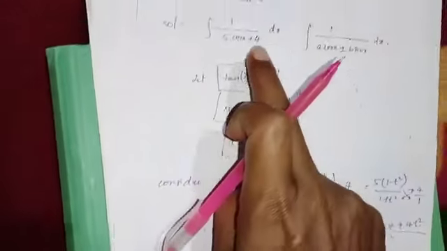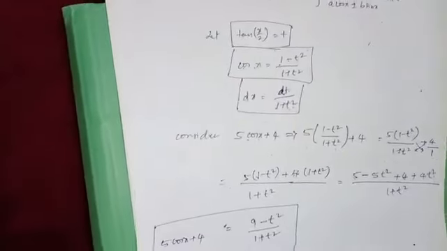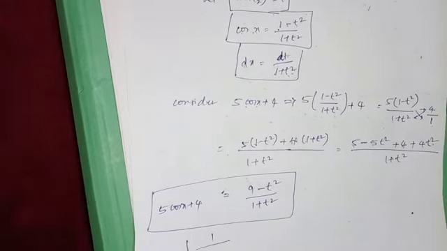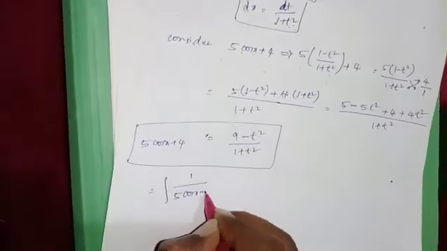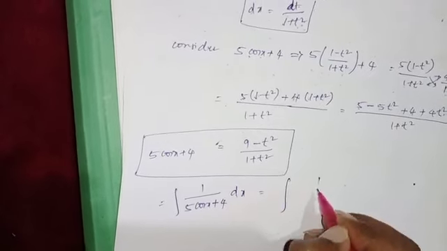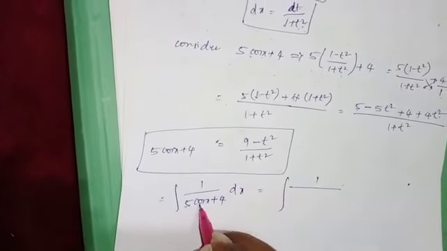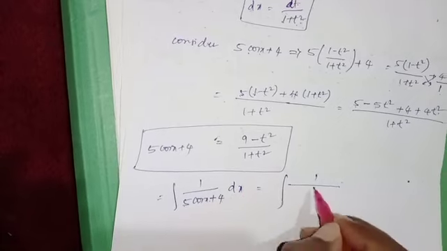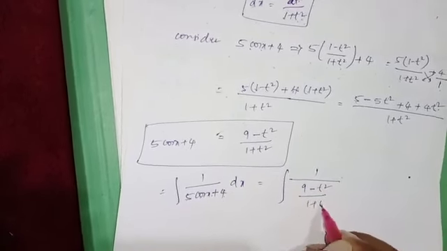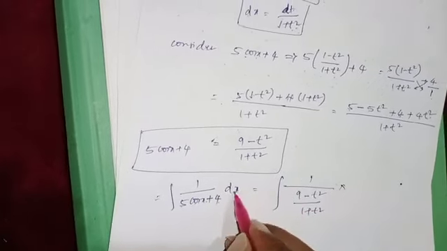Substitute in the given question denominator, that is equal to integral 1 upon 5 cos x plus 4 dx is equal to integral 1 upon 9 minus t square upon 1 plus t square into dx.